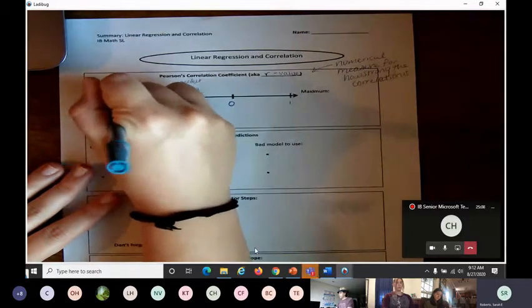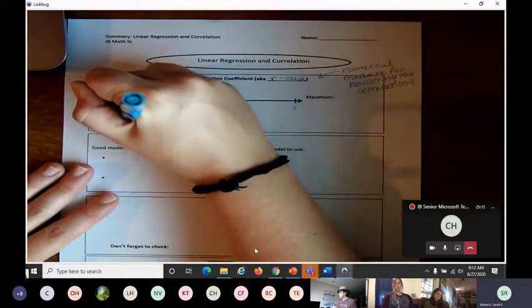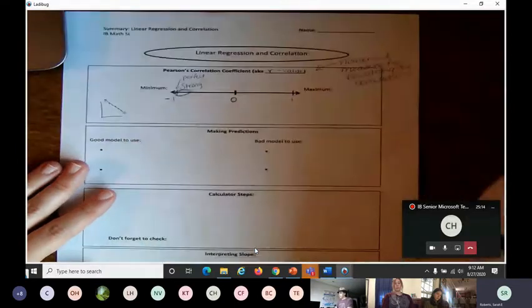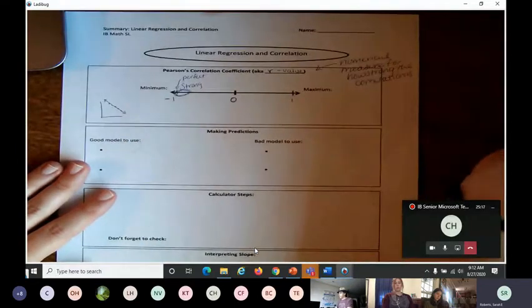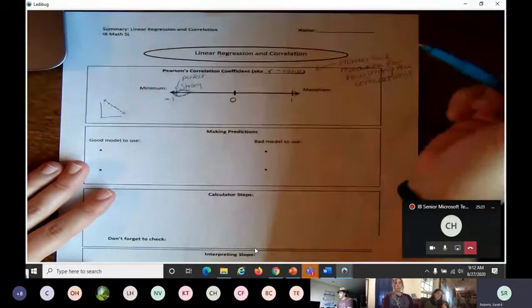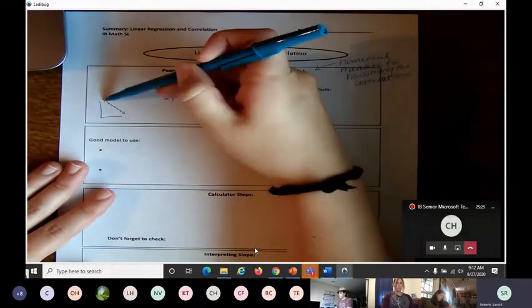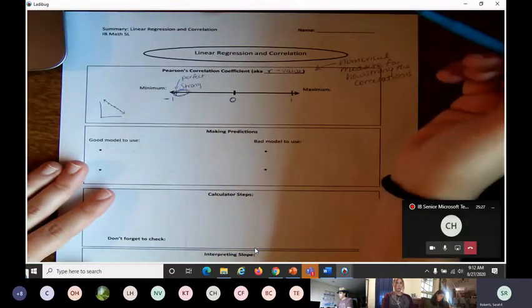So if you have a perfect correlation, that means that you can draw a line directly through every single data point and it hits every single data point. That would be a perfect correlation. That would be if your R value was exactly -1. And the negative indicates that it's a negative correlation. Your line has a negative slope.